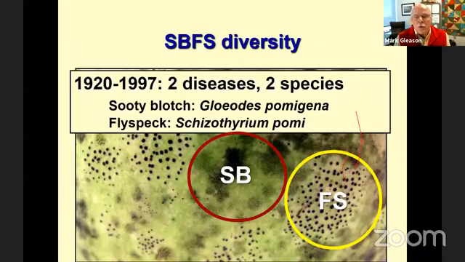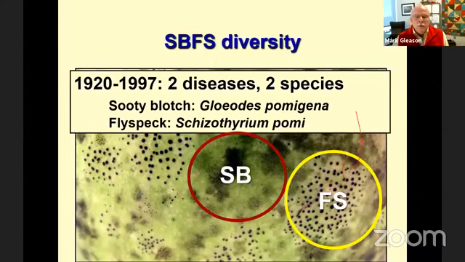So sooty blotch, which is that colony type that you see in the red circle in the picture, abbreviated SB, was thought to be caused by one fungus called Gloeodes pomigena. And fly speck, which is that group of dots that you see on the lower right of the picture, was thought to be caused by one fungus by the name of Schizothyrium pomi. So this was the dogma in the world of sooty blotch and fly speck for nearly 80 years.